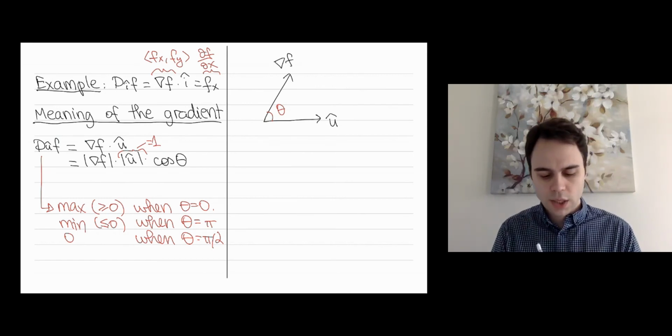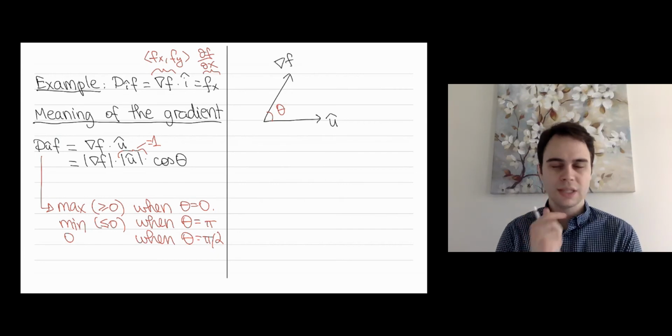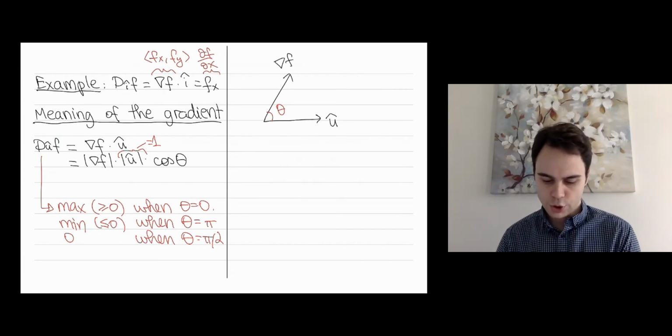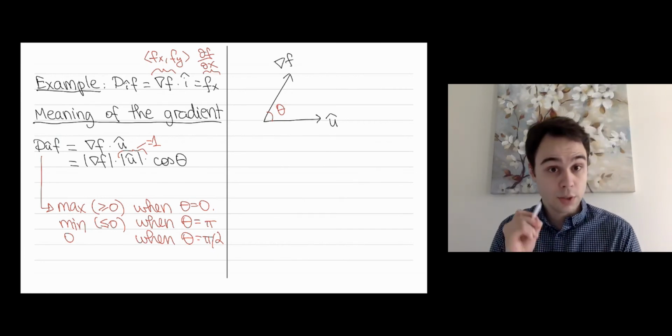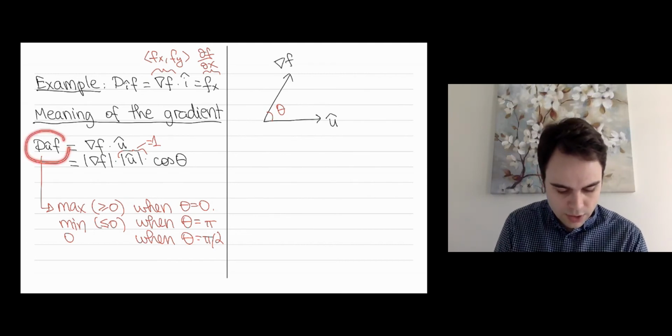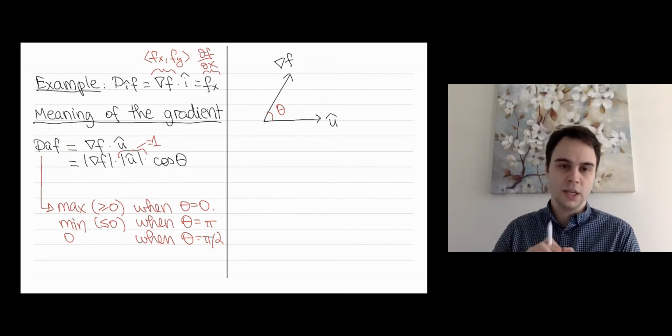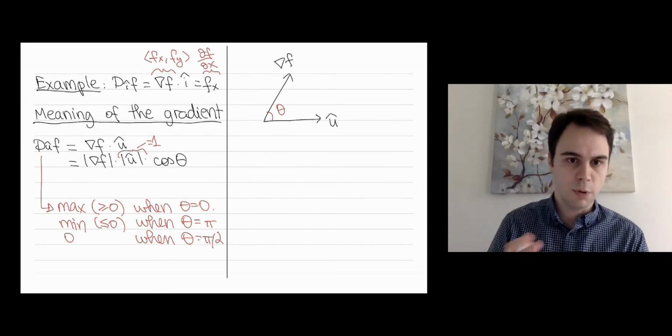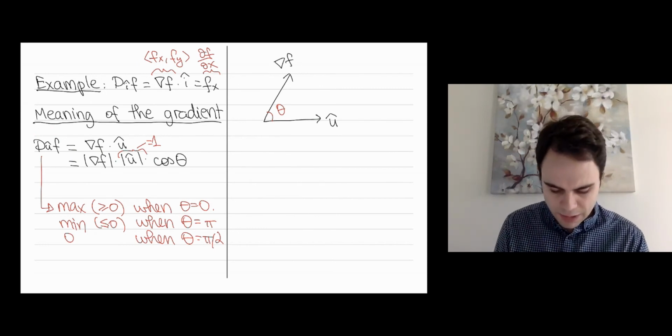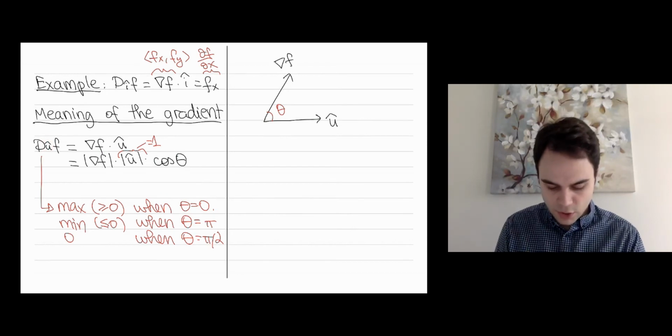If I'm at a particular point of the xy plane and I want to increase f as fast as possible, I want to move in a direction u where this derivative in that direction is the maximum possible. So that means I want to choose my direction, making this angle theta, this cosine, to be 1. So I want this angle theta to be 0.